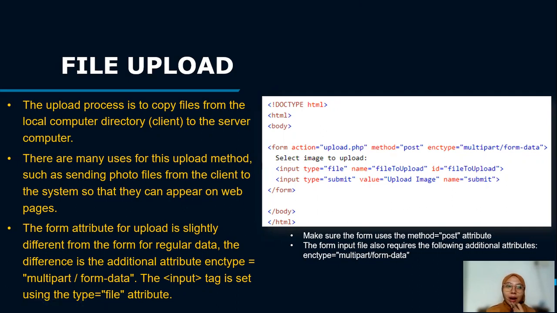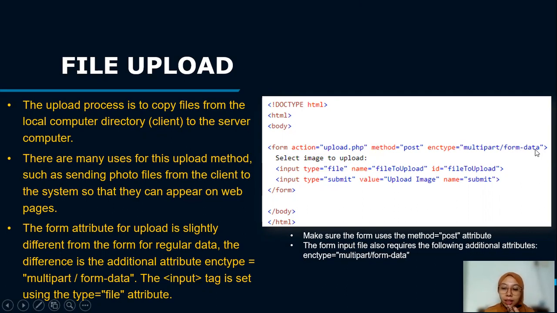Because our file can be shown in the URL. So you need to use post, not get. And we also need to use enctype like this, and the value is multipart/form-data. Why?